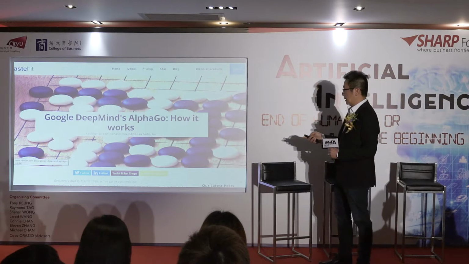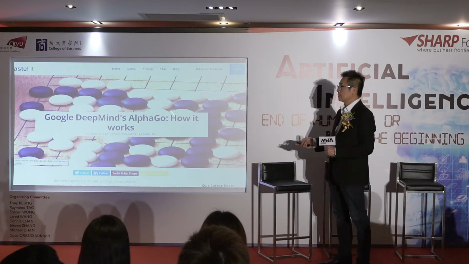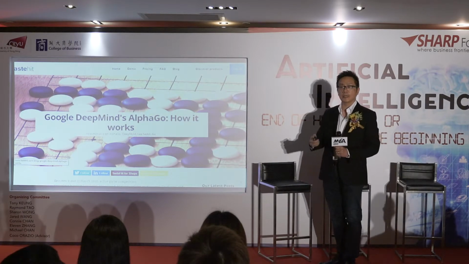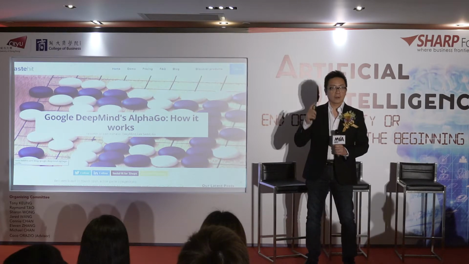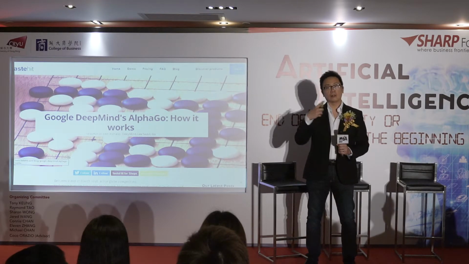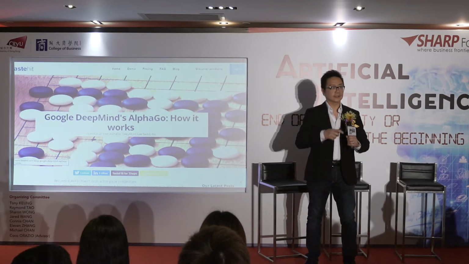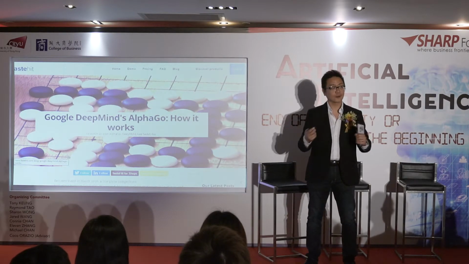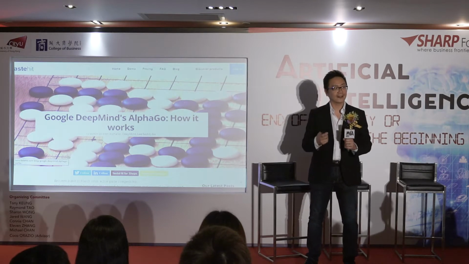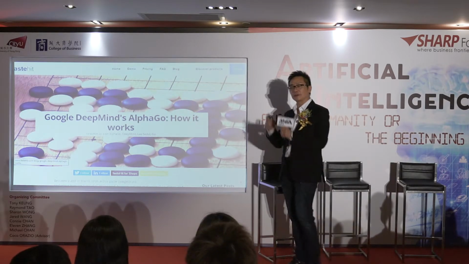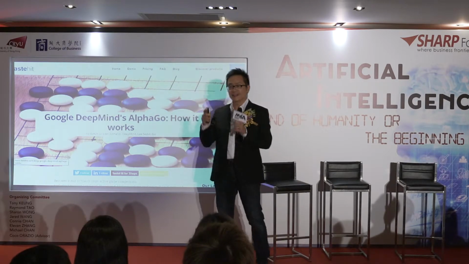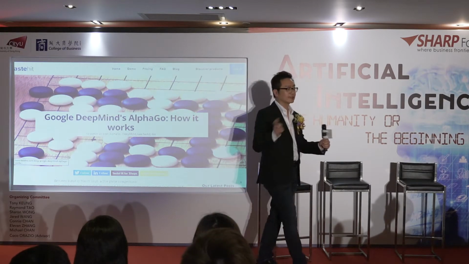AlphaGo learned by watching humans play Go. All the humans play Go online all the time. It processes the entire historical record of humans playing online. So it learned from every single game a human has played that is available online. So there are millions of games.